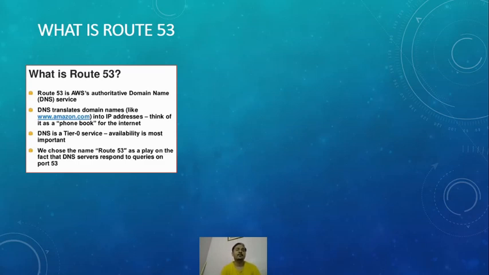Suppose you have one EC2 instance which has a website where you save your images. Now that EC2 instance has an endpoint created, and you want the entire world to access that service. So what do you need? You need a website, and that website needs to be registered. Where can you register?